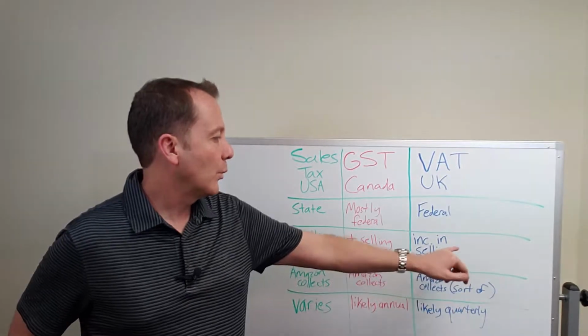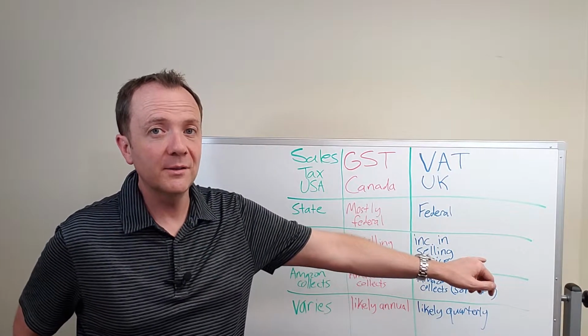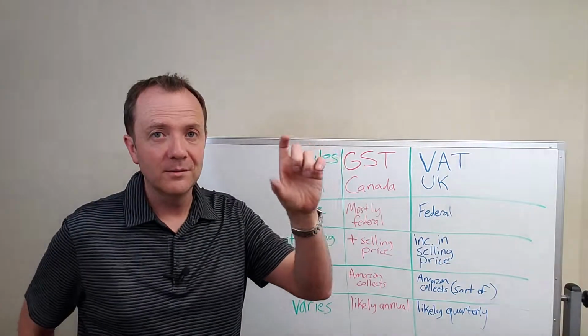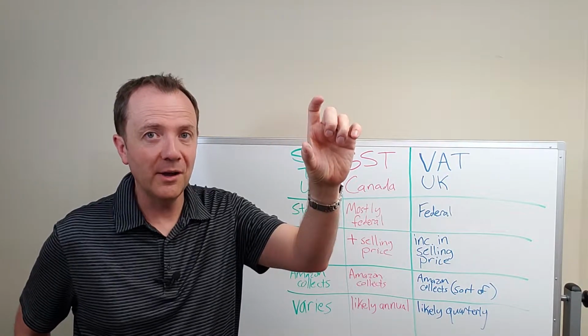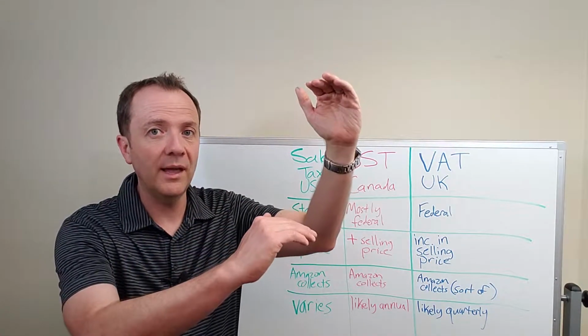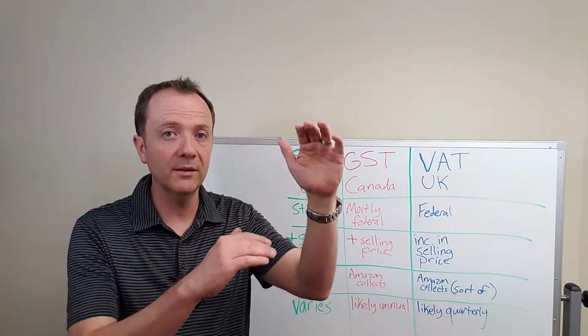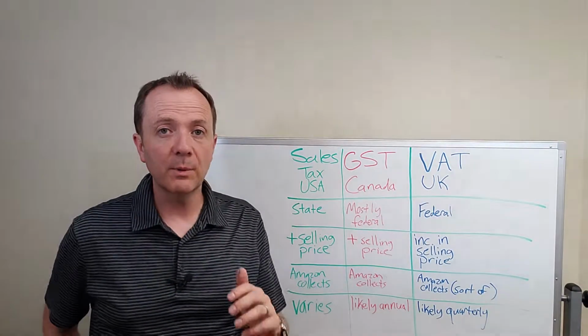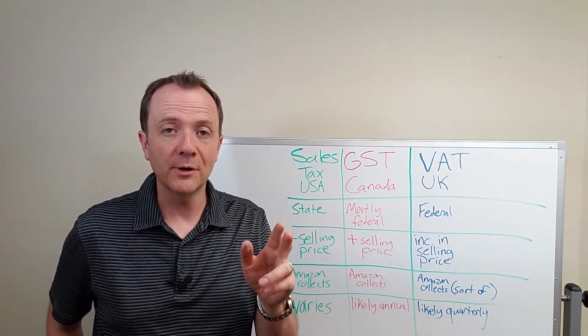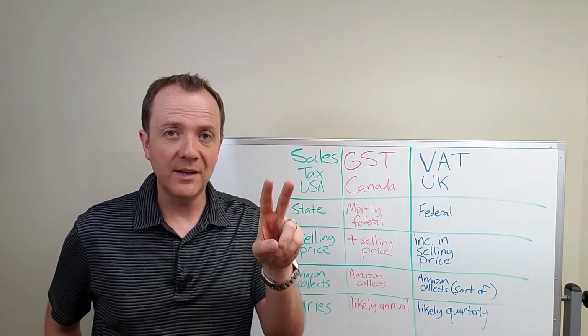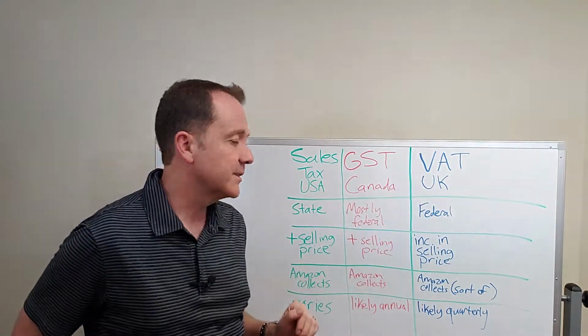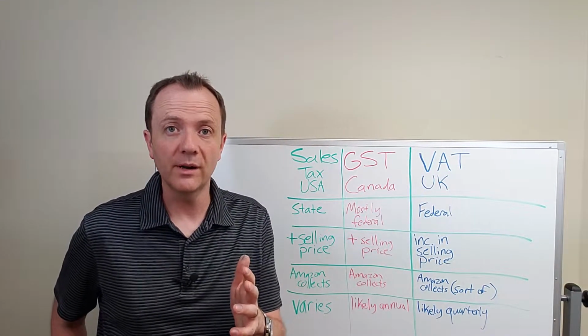Your displayed price is basically the selling price plus the value added tax. So if you're displaying $12 to the customer, $2 of that is VAT, and $10 is really your selling price, theoretically.